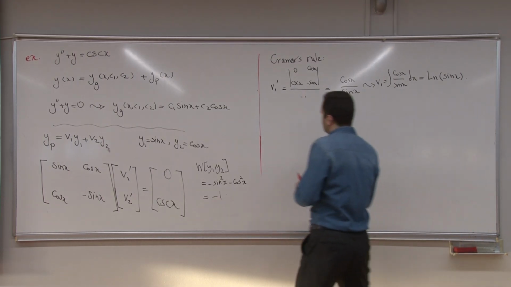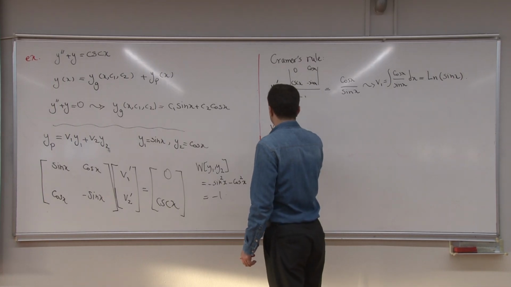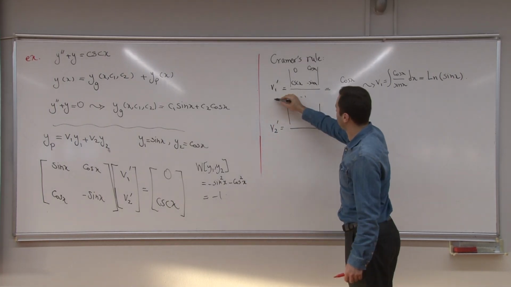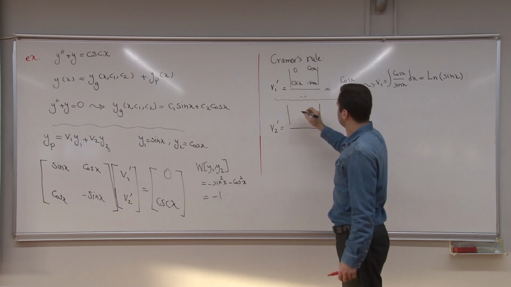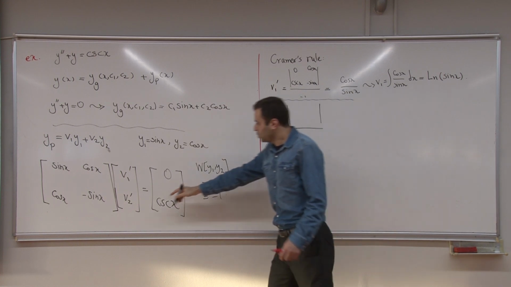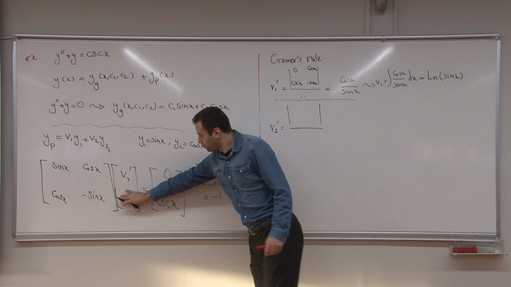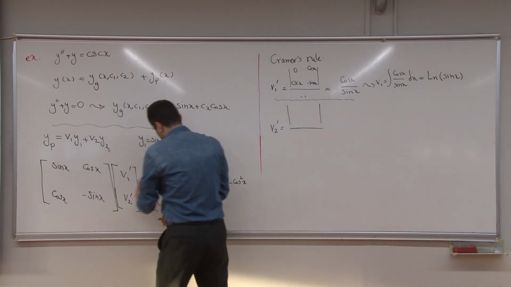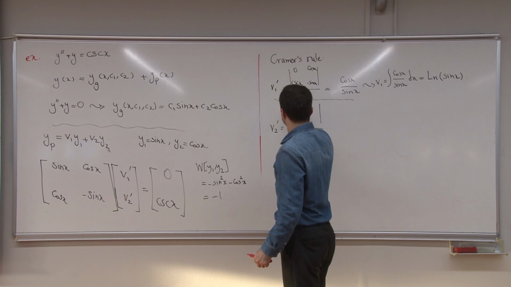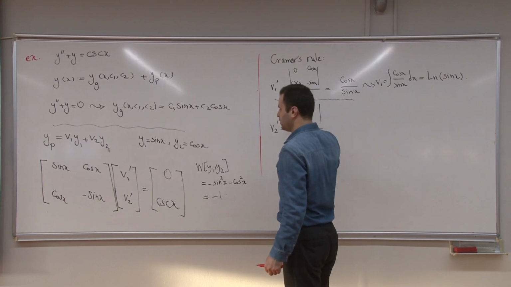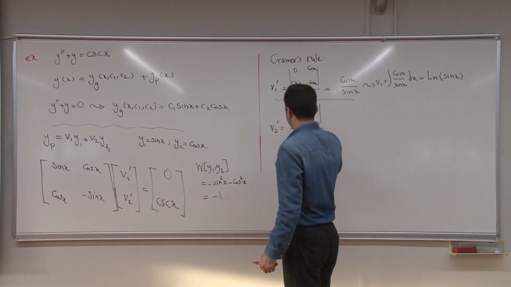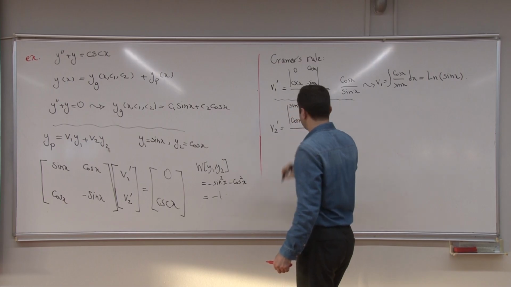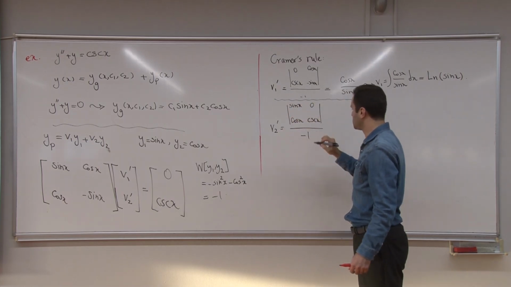What about v2 prime? This is going to be the determinant of, since I'm looking for the second unknown, in this matrix I need to replace the second column with the right hand side. So it is going to be sine of x, cosine of x, 0, cosecant of x, divided by minus 1.